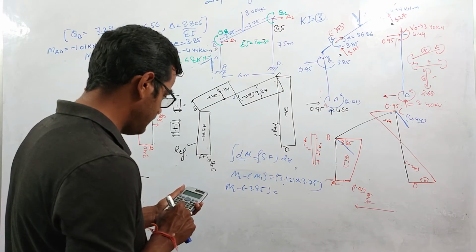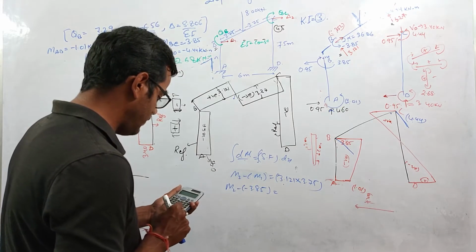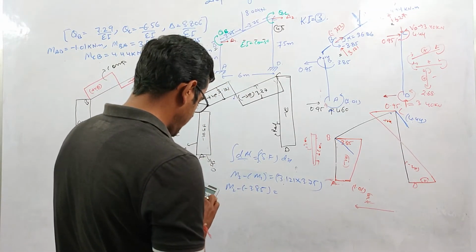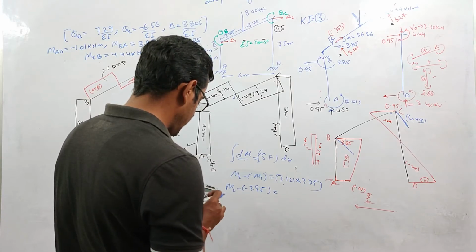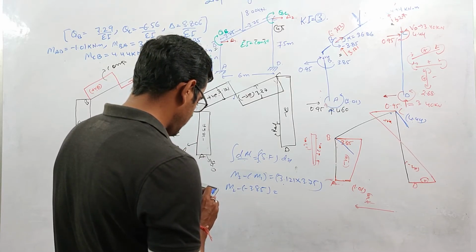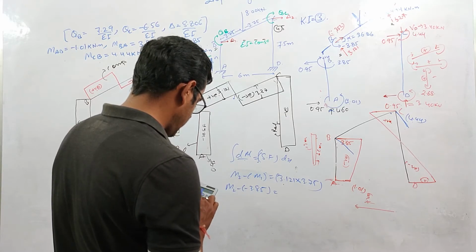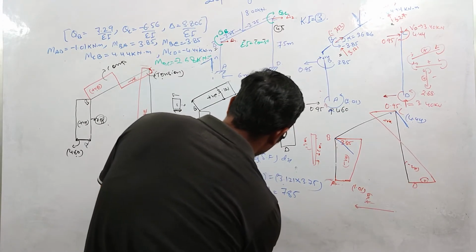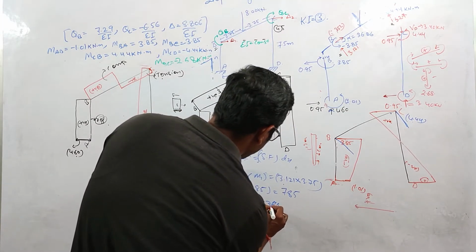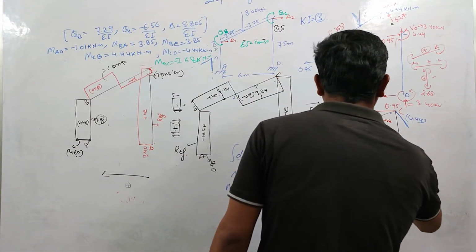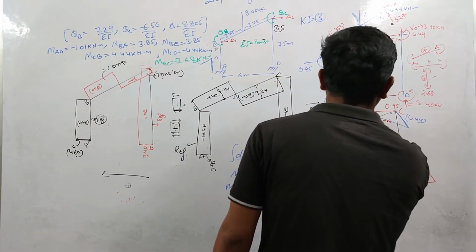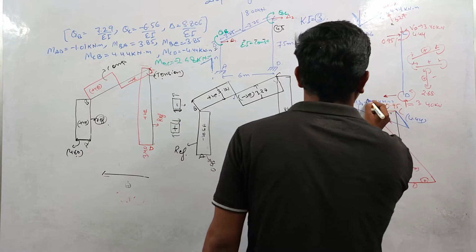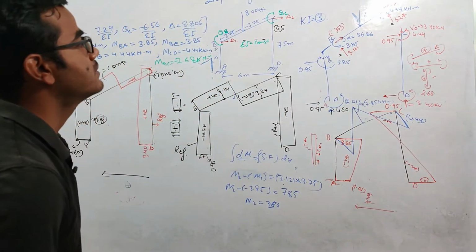So M2 equals 3.121 into 3.75 minus 3.85. This value comes out to be 7.85. So M2 is 7.85. Okay, so the ordinate at this point is 7.85 kilonewton meter, right?